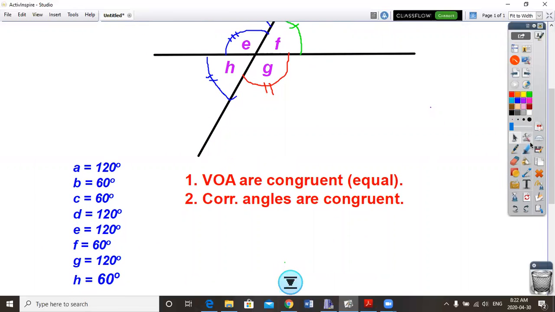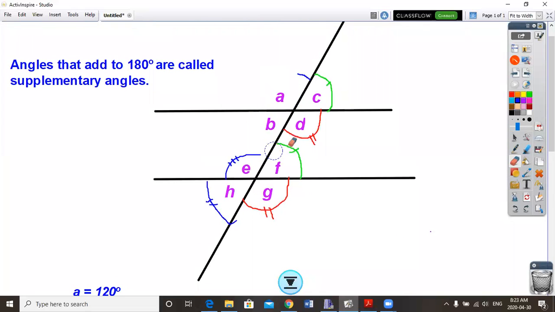Alrighty, let's explore then the alternate interior angles. Okay, so the alternate interior angles, remember they have to be in between the parallel lines, and they're on opposite sides of the transversal.